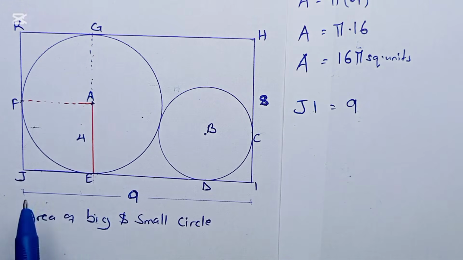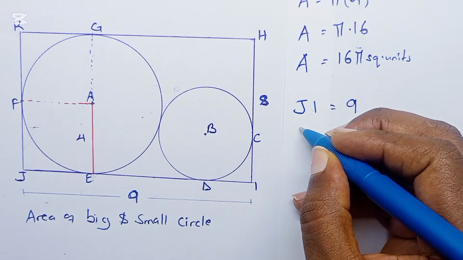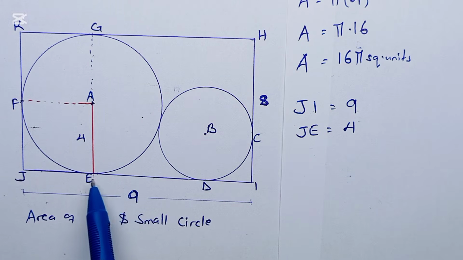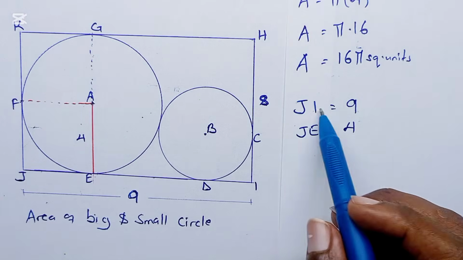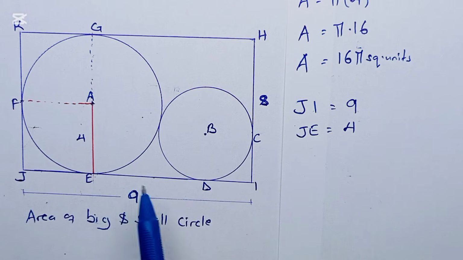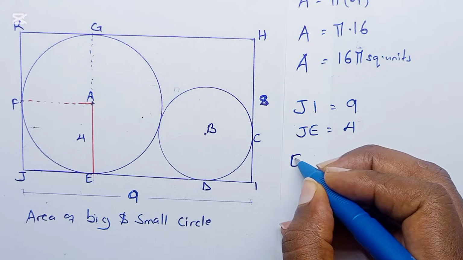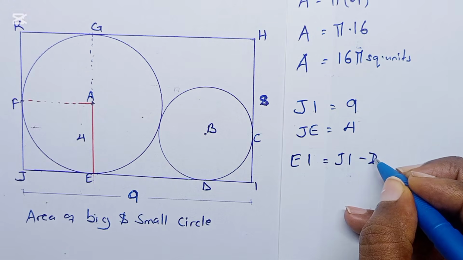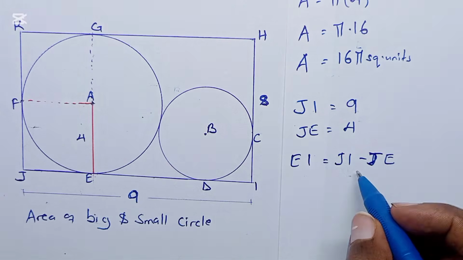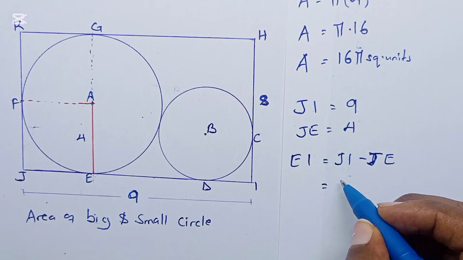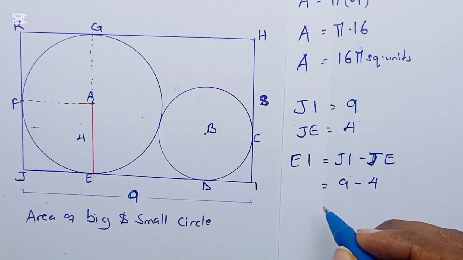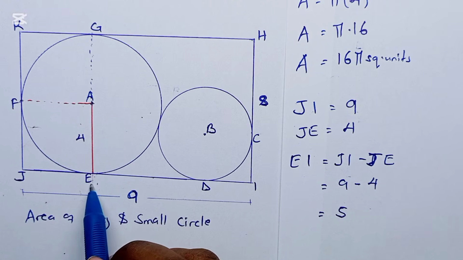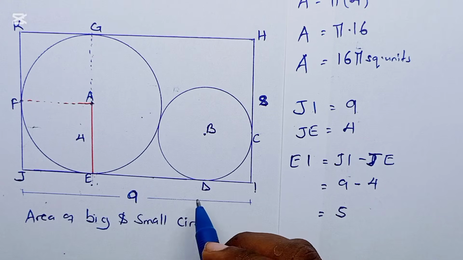So if FA is 4, also JE is 4. So JI is 9 and JE is 4. Therefore, EI will be equal to JI minus JE, which is 9 minus 4, which is 5. Therefore, from this point E to this point I is 5.